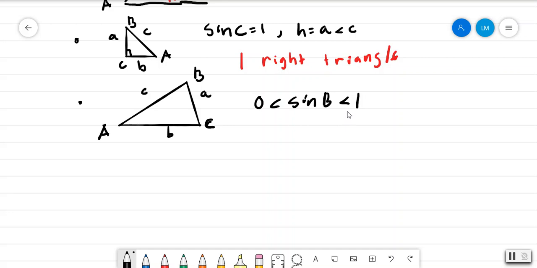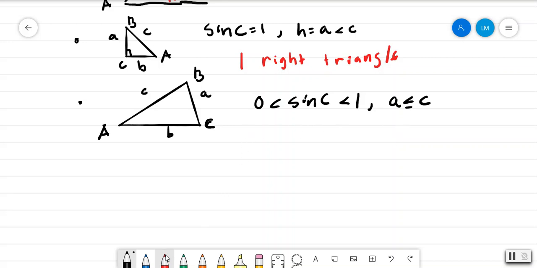Probably should change that to C actually. So what we'll say here is that A is less than or equal to C. Here we need that one of the two sides is bigger than the other, essentially.